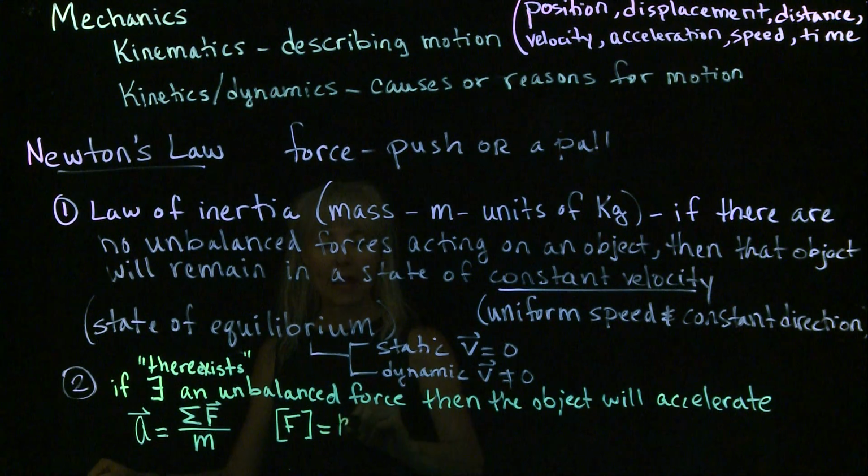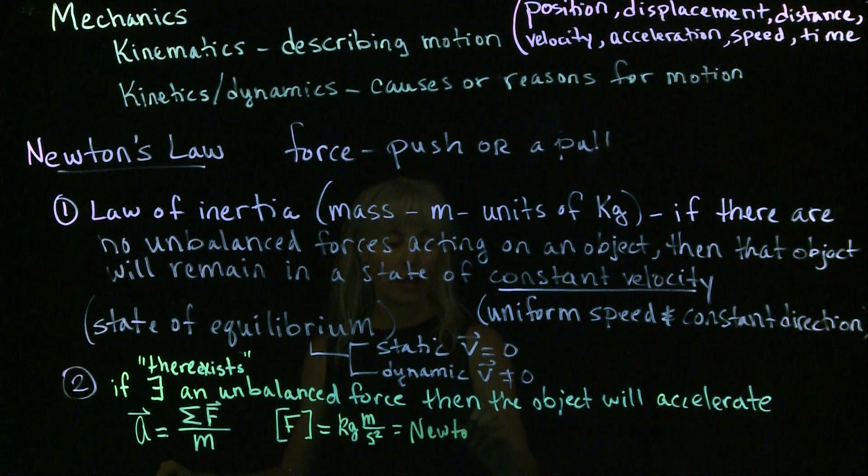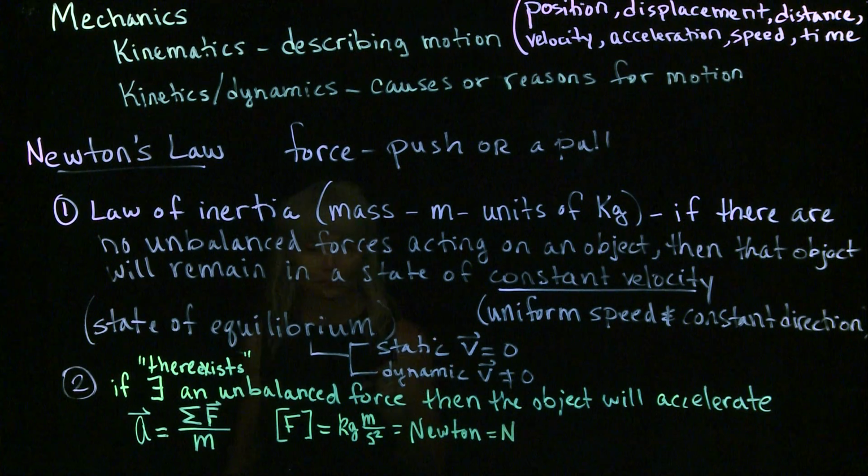The units for mass are kilograms, and the units for acceleration are meters per second squared. And in honor of Newton, we're going to call this a Newton. And of course, we're not going to write out this whole word every time we want to use this unit. We're going to just abbreviate it capital N.